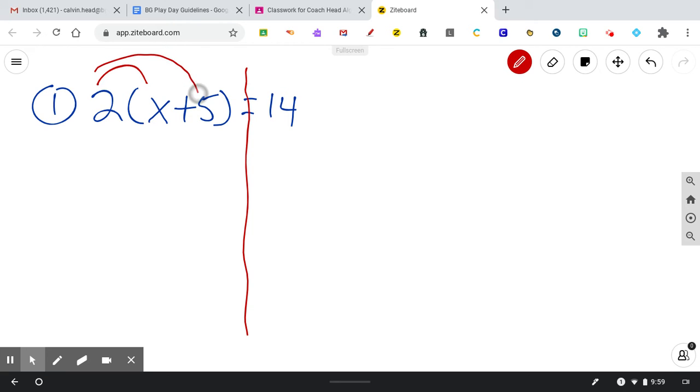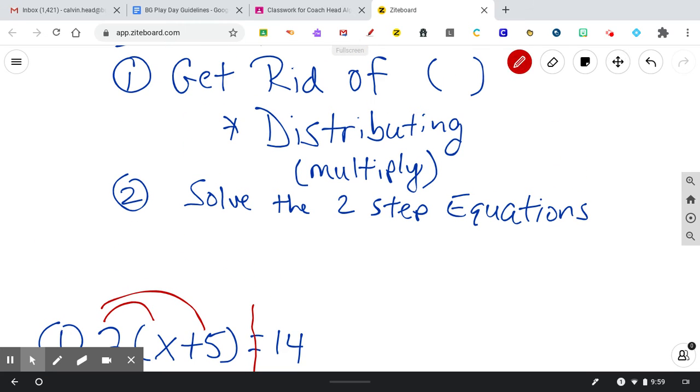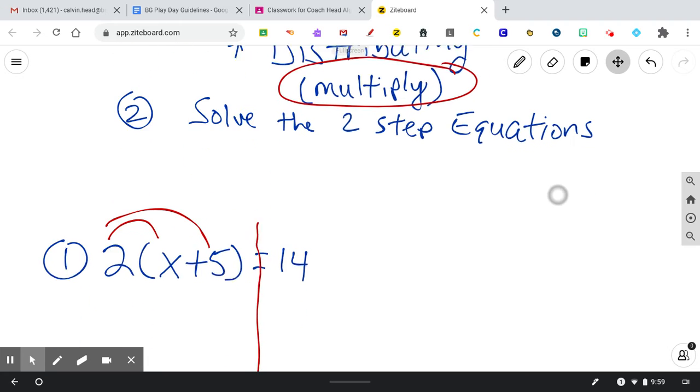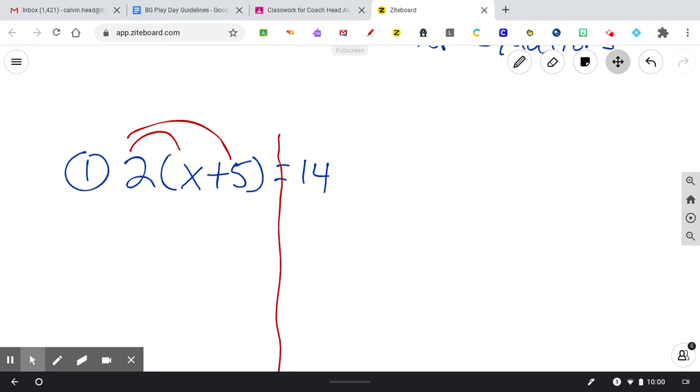So I'm going to distribute this 2 to both terms inside. When I distribute, I multiply. So 2 times x is 2x, and then 2 times 5 is 10.